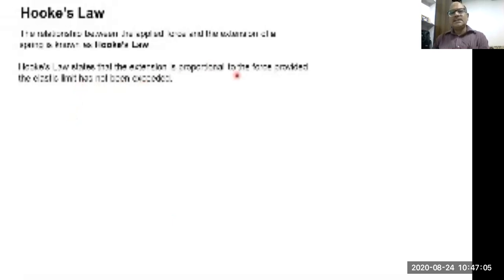It states that the extension due to the applied force is proportional to the force provided, as long as the elastic limit has not been exceeded. So you have to see that the elastic limit should not be crossed. Up to that point, whatever force is applied, the extension will be proportional to it.